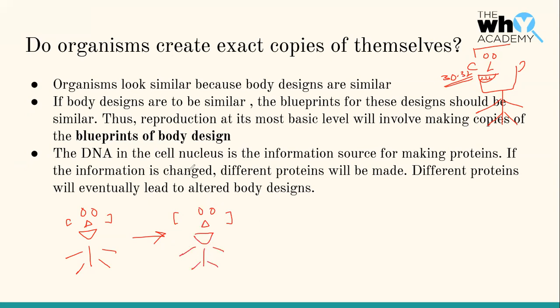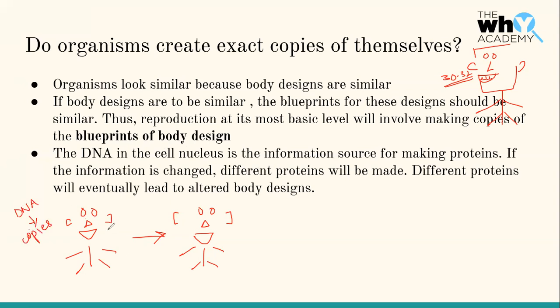So this is the basic blueprint which they are talking about. However, how does a copy of a blueprint get made? It is when the DNA replicates. DNA replicates to create copies.